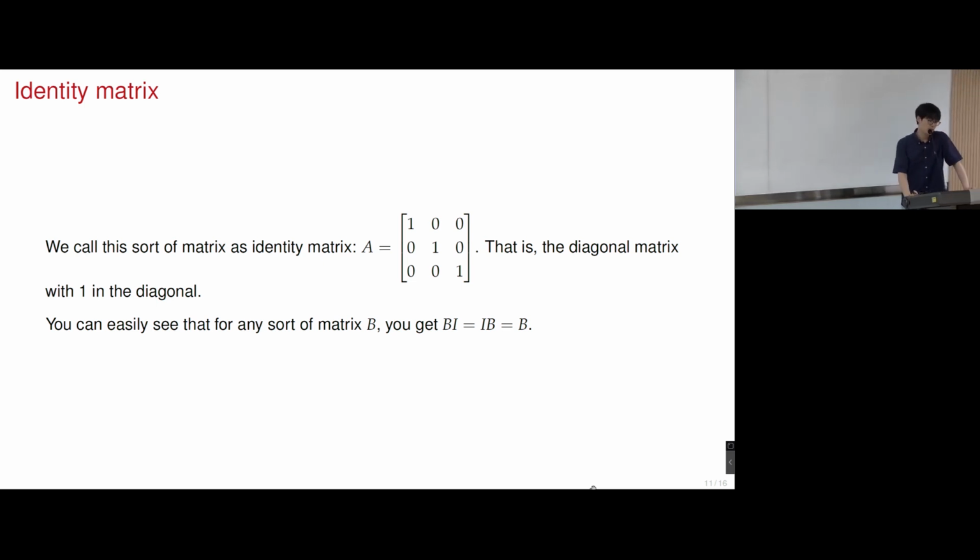So what's so special about this identity? What's special about this diagonal matrix with ones on the diagonal is that you can easily see that for any matrix B, if you multiply this identity matrix with B, you're going to get the original matrix again.